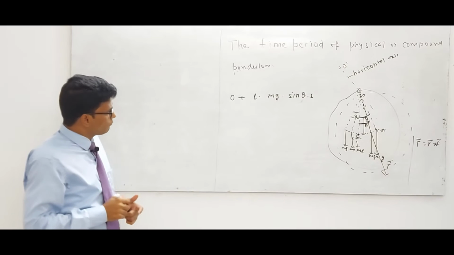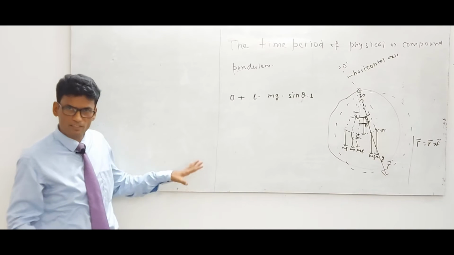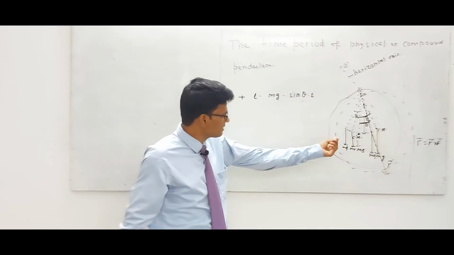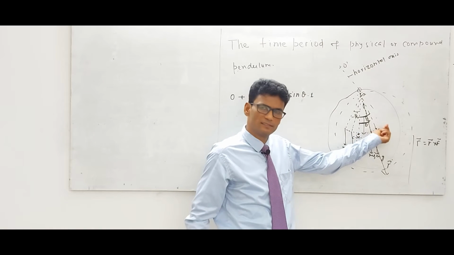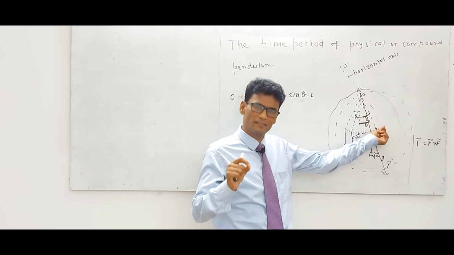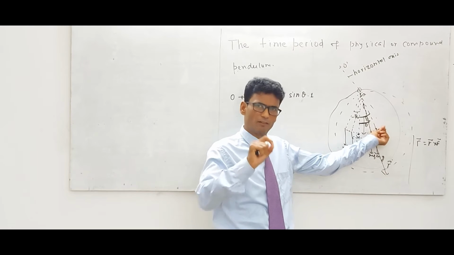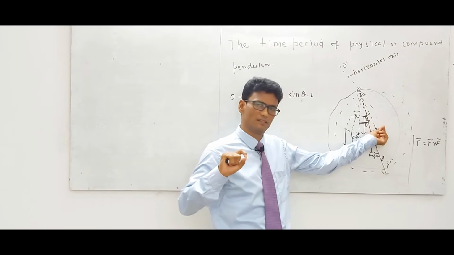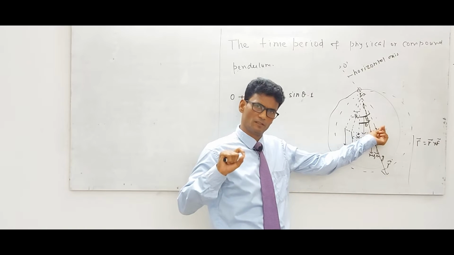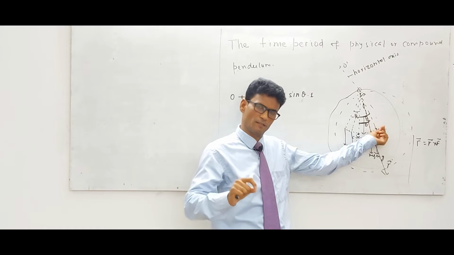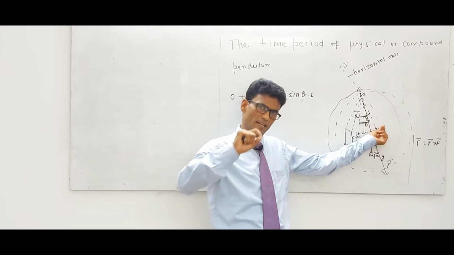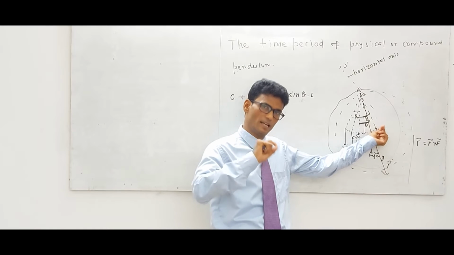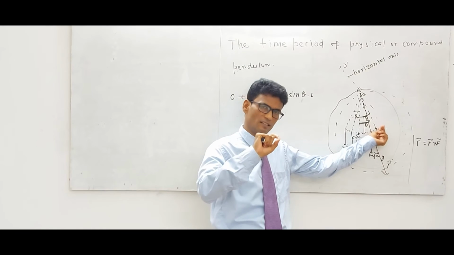But one more thing I have to mention here, as we have mentioned in all the classes on the time period of the pendulum. As the body has been displaced and then left at any position, whatever the angle, it comes towards the position from where it was displaced, that is towards the vertical, because the body has been displaced away from the vertical.